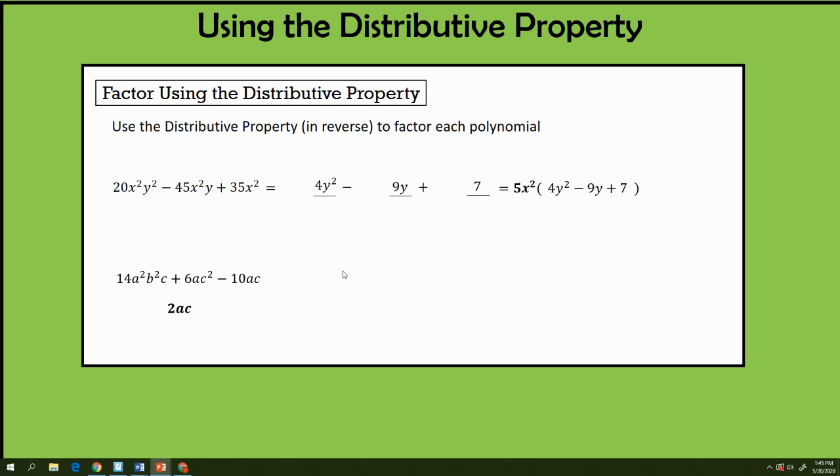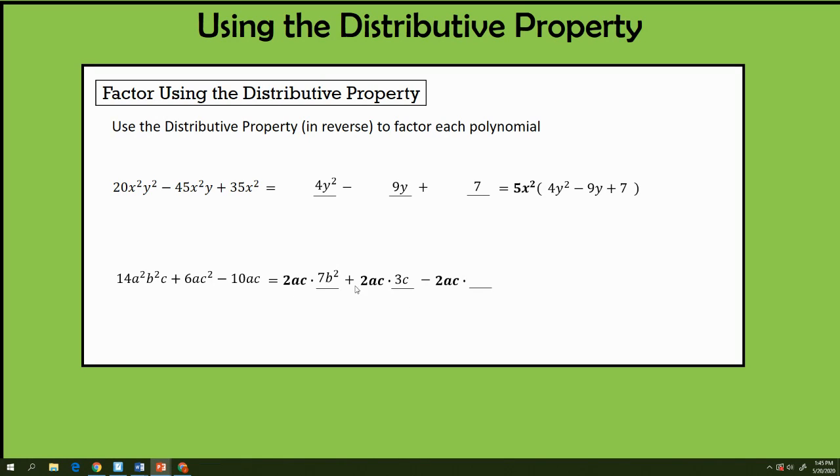So now I got to write it so that we have 2ac times whatever I need to make it equal this first one. So that should be 7b squared. Okay, 2 times 7, 14. That should be an ac squared, huh? I messed that one up. That should be 7ac squared.